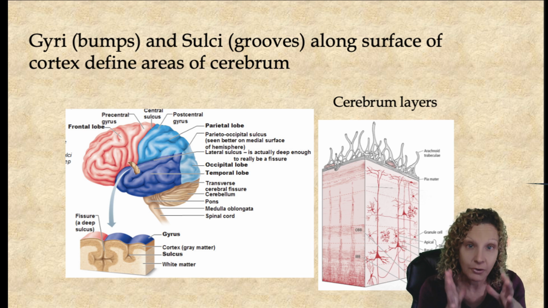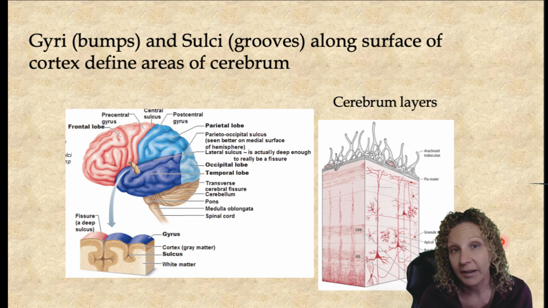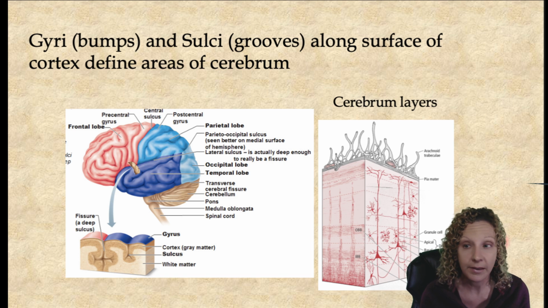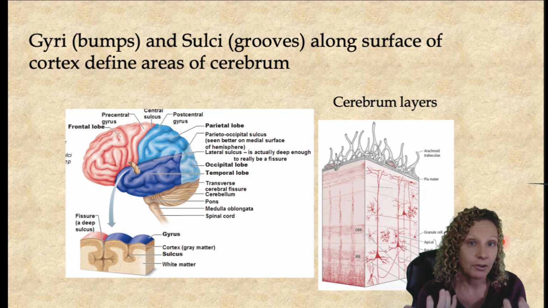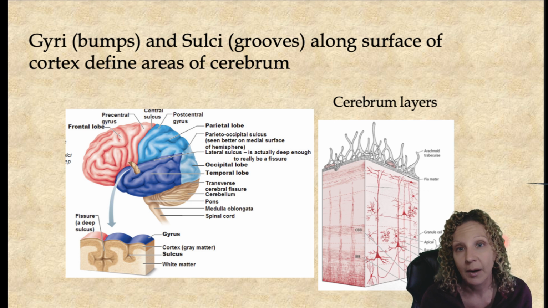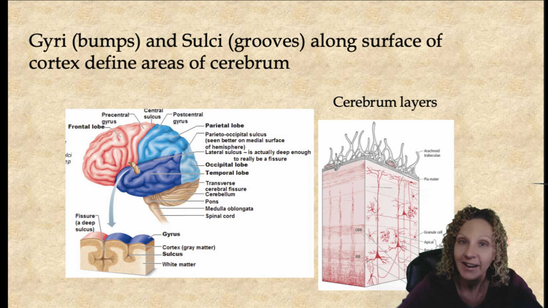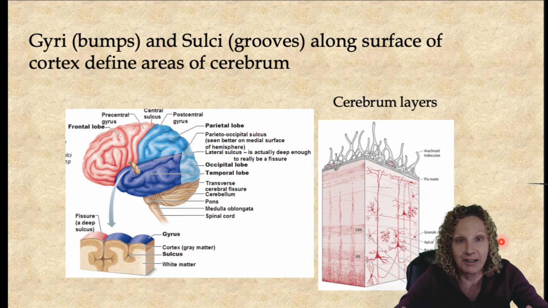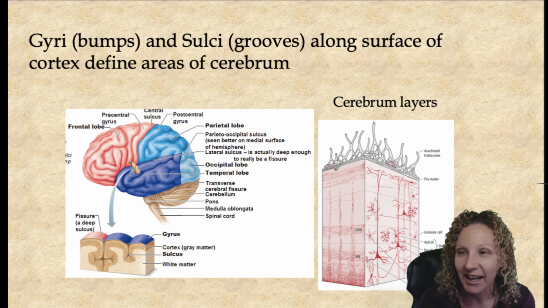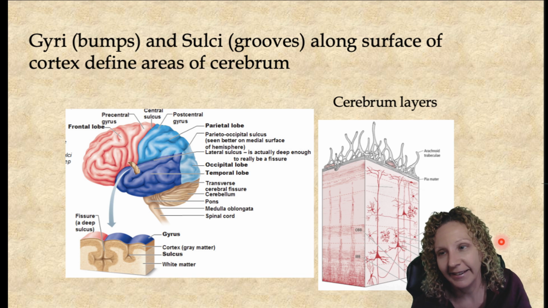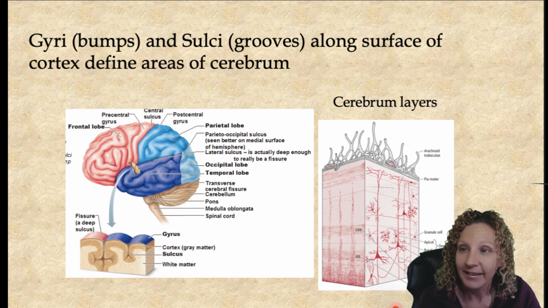So in order to increase the amount of neurons in the cerebrum, you have to add them in, but then have increased wrinkling. It's like if you wanted more rug, but the room is only so big. You have to just wrinkle up your rug. I don't know if that's a great allegory, a comparison or not. Okay.